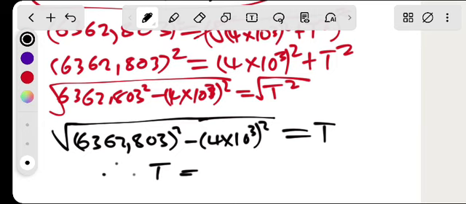As we get 4,595.3. Let me double check. I do not want to make a mistake. 6362.083 squared minus 4 times 10 to the power of 3 squared.